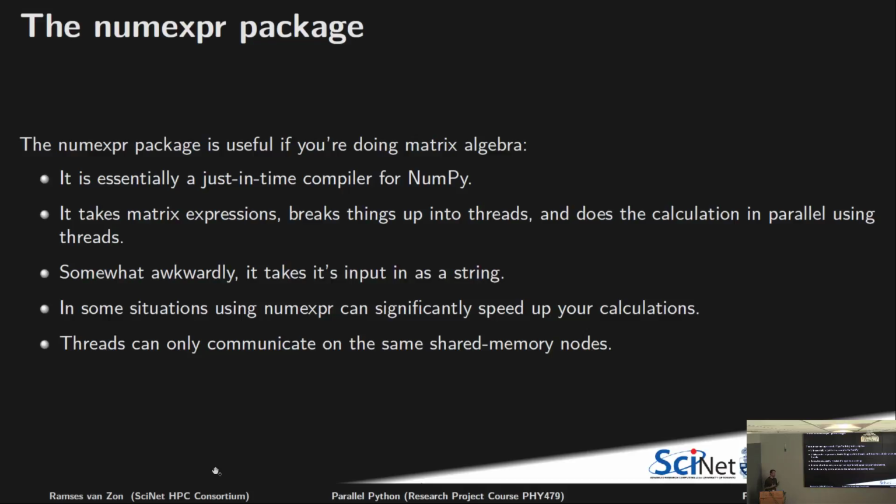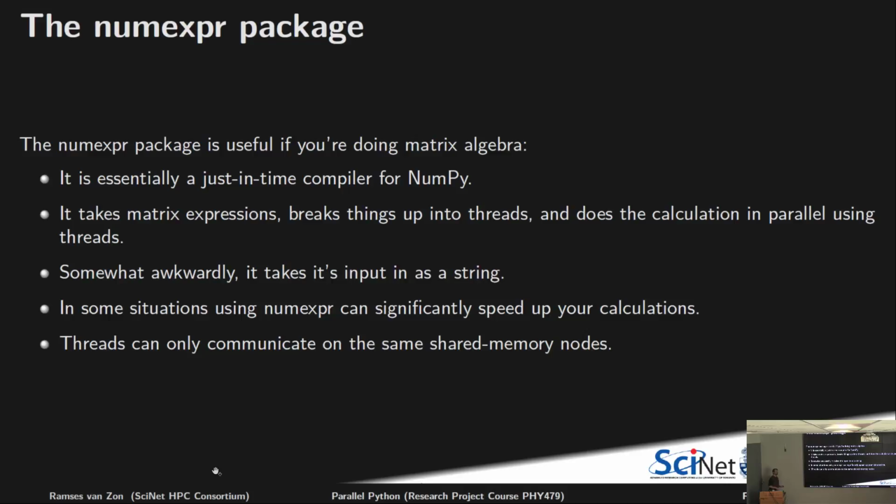So Numexpr is two things. It will parallelize things, but it's also a just-in-time compiler. So this idea where I said, well, Python can't give you all of the speed because it can't look into your expression and do all kinds of tricks to speed it up. Numexpr is in essence a just-in-time compiler for NumPy expressions.